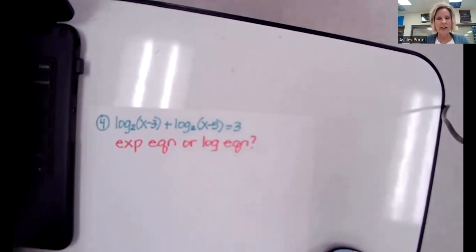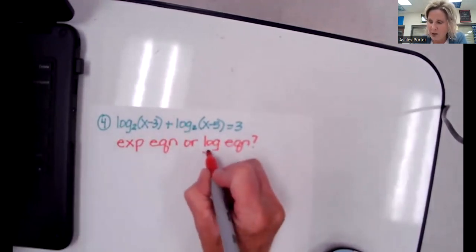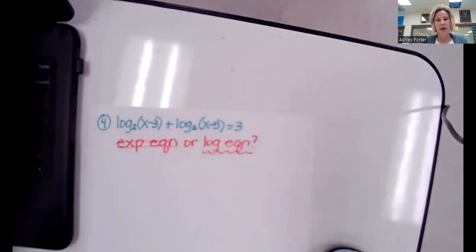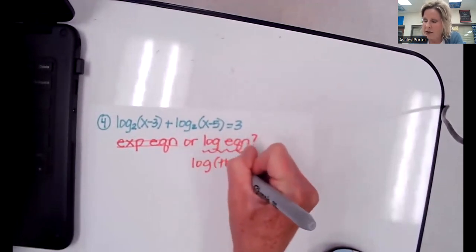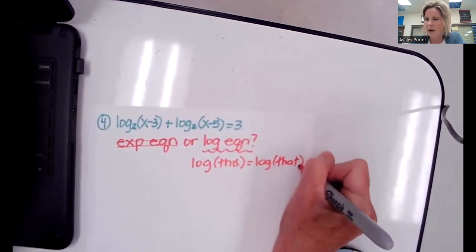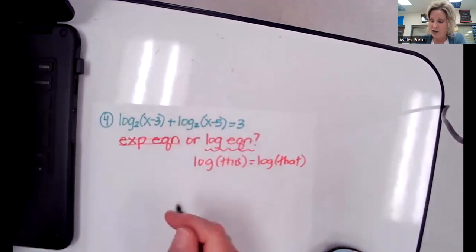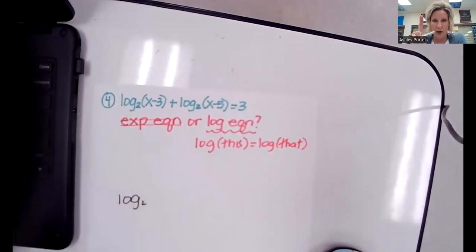So is this an exponential equation or a logarithmic equation? Again, I clearly see logs in the problem. So it's a log equation, not an exponential equation. So I'm asking myself, can I make it log of this equals log of that? Well, I can make it log of this, but I can't make it log of that. Because look, the left side has 2 logs and I always want to simplify down to 1 log.